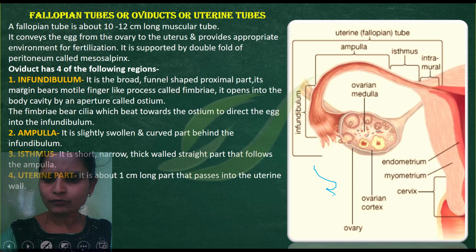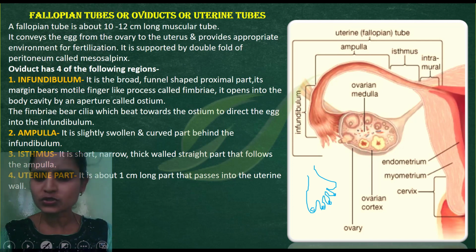The fimbriae, as I have told you, show finger-like projections. Here and there they have small pores, and through these pores the ova will enter inside. So the ova which are present here can enter into the infundibulum with the help of the ostium.